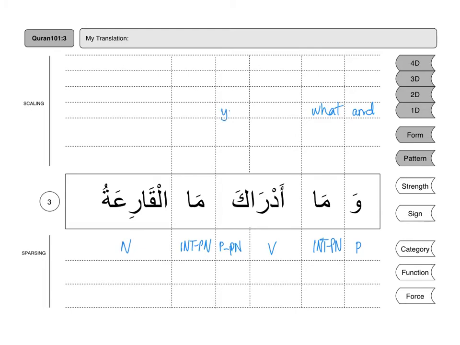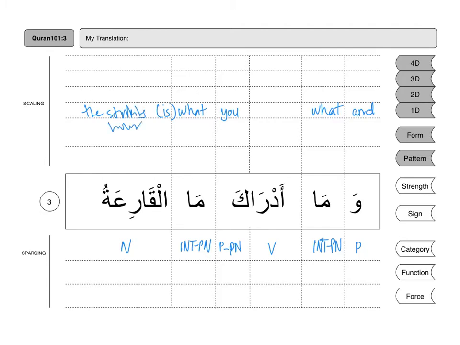Ka here means "you", and then ma again, "what", and then mal qari'ah, we did this in the previous one. They have the same grammatical function, so we won't do this this time around. The striking hour.